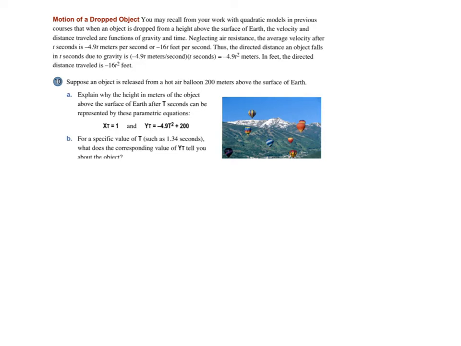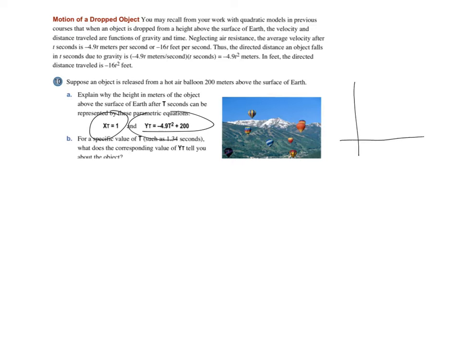And so the y equation is starting at 200, and an object is falling towards the Earth at a rate of 4.9 meters per second squared. So subtracting from 200, a negative 4.9 t squared gives us the distance above the Earth. And x equaling 1 just takes the equation and moves it off of the x-axis.